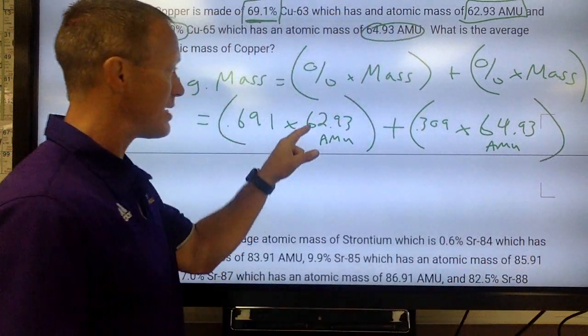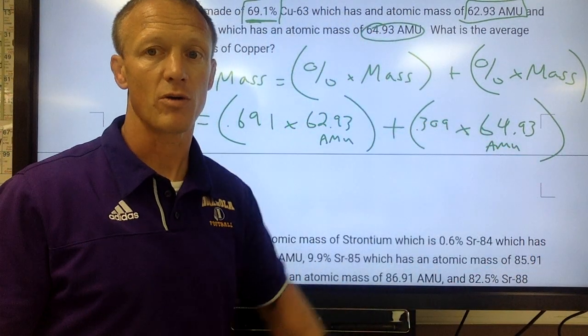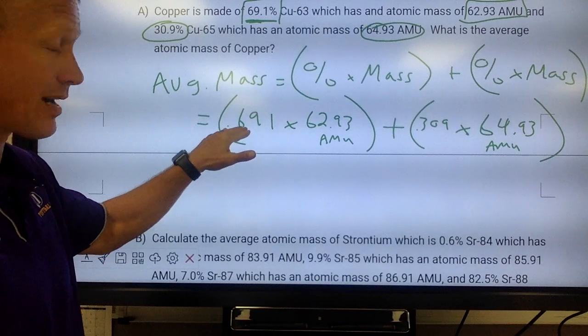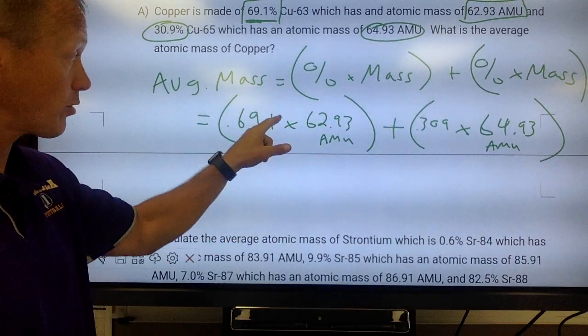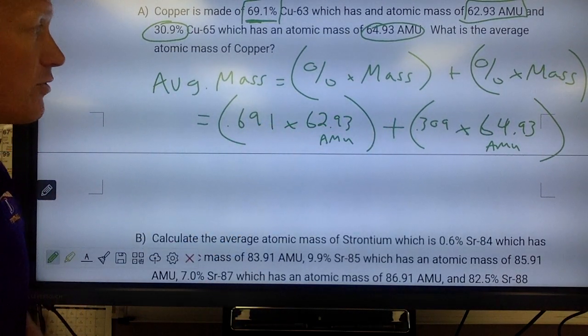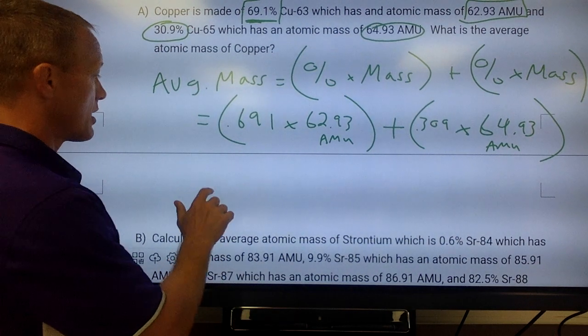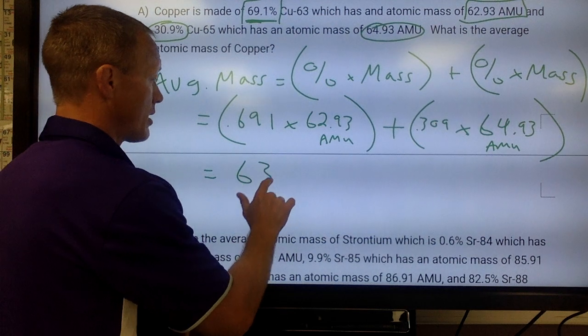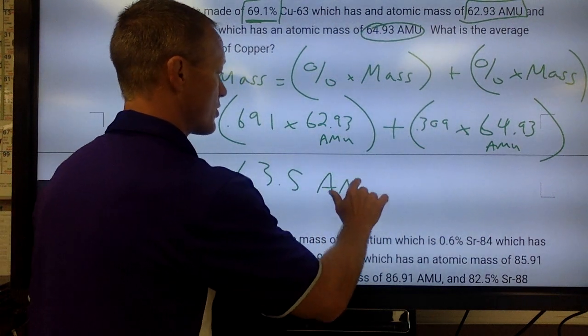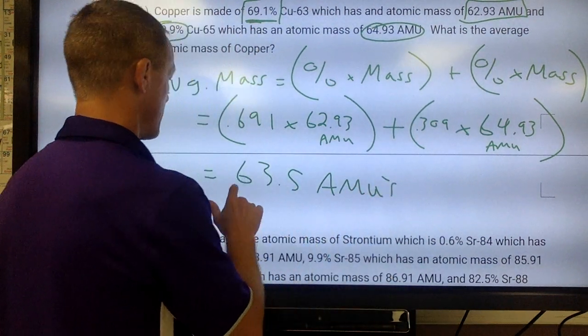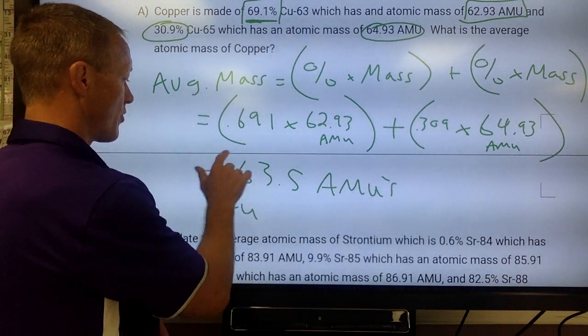Again, our average should be between 62.9 and 64.9, but it won't be right in the middle because there are a lot more of these atoms than those atoms, so it should be closer to this. If we type those in your calculator, the average is about 63.5 AMUs. That is the average of all the copper atoms on Earth.